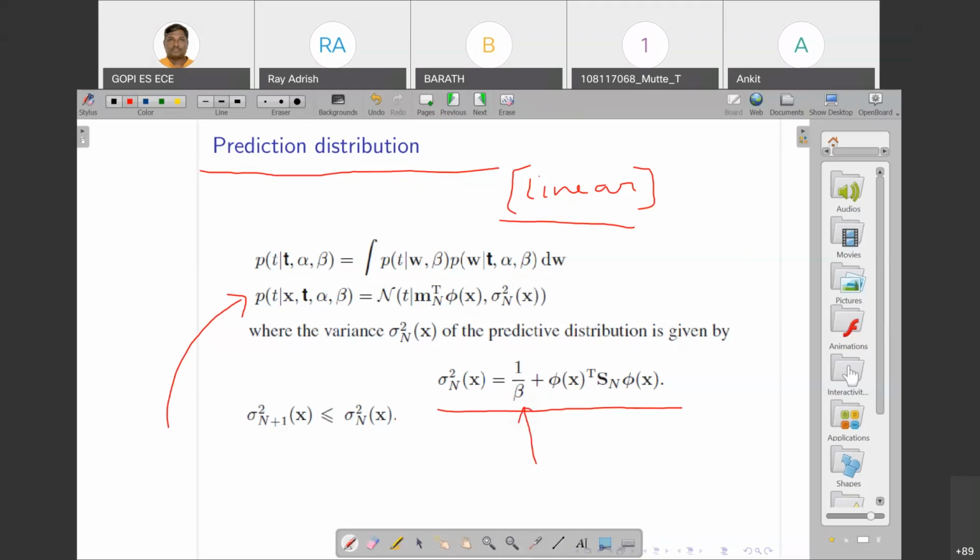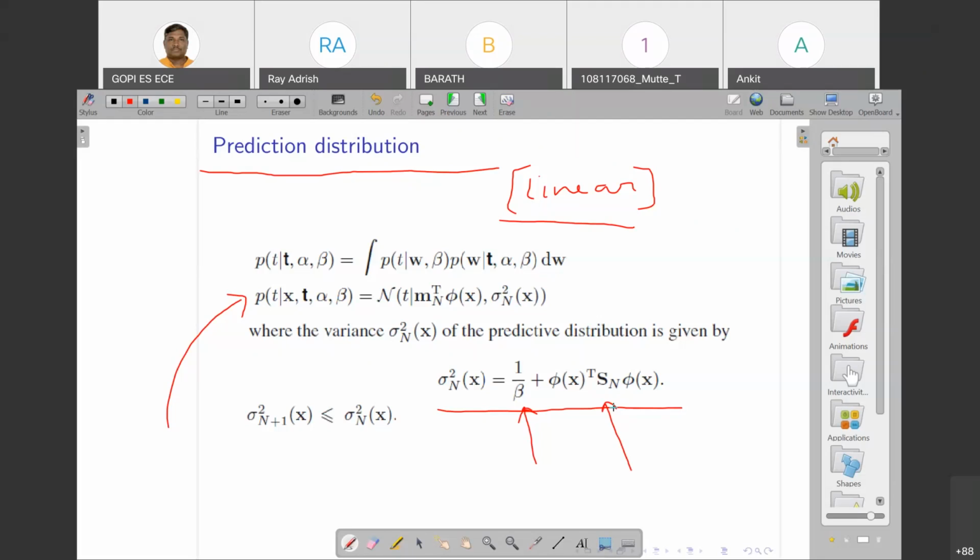The first term is 1 by beta. 1 by beta relates to noise, as you know. The second term is phi of x transpose Sn phi of x. You know what Sn is, right? It is the covariance matrix of the posterior density function, right? So in the Bayes technique, we already discussed that, right?